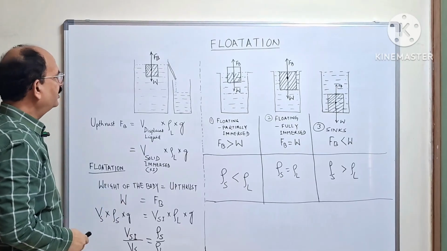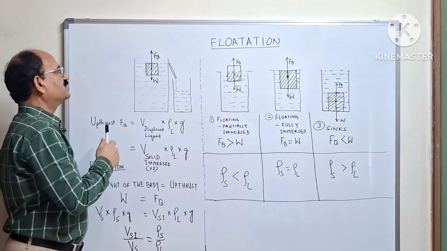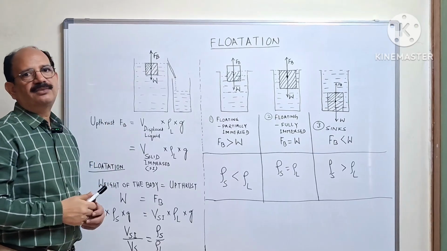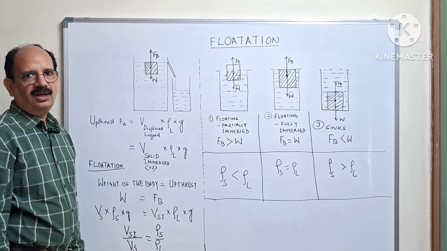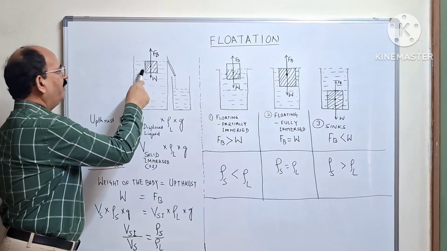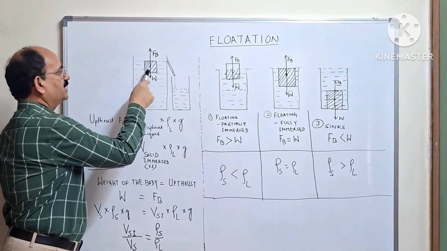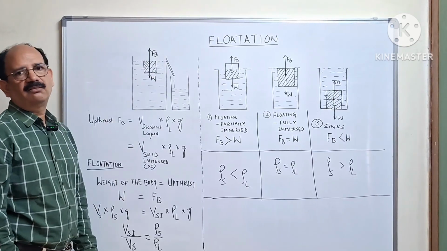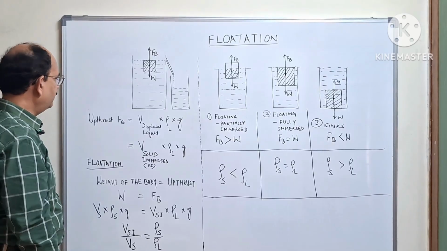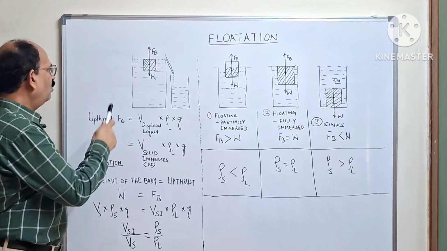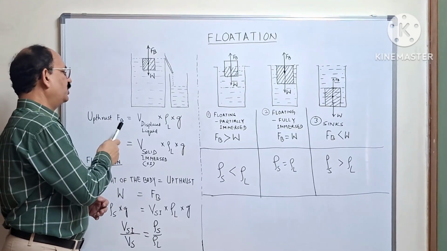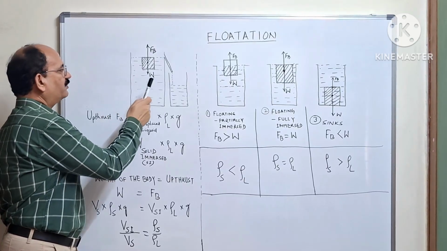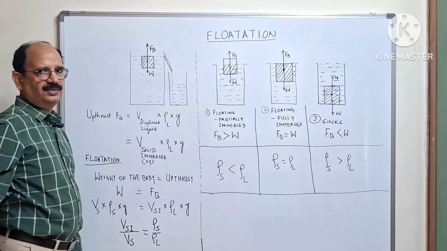Okay. That upthrust is also called force of buoyancy, denoted by Fb. And the weight of that solid object is denoted by W here in this example. Now, as I mentioned, that upthrust is equal to the weight of the displaced water.